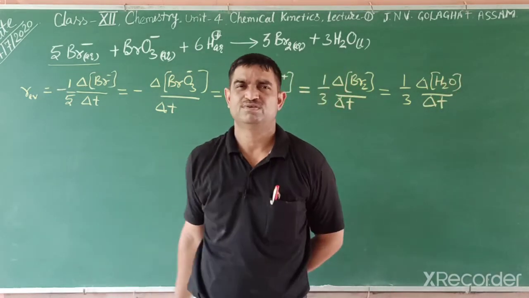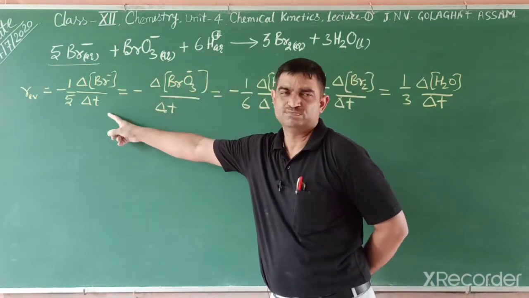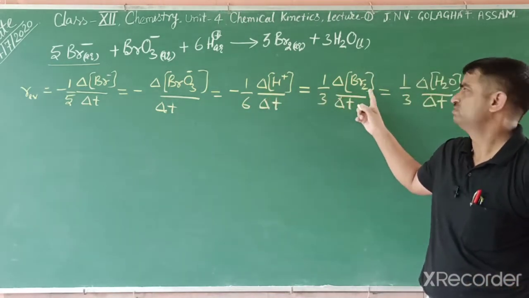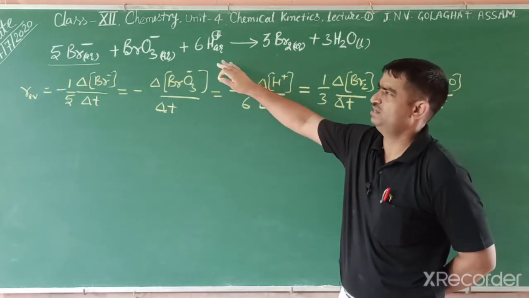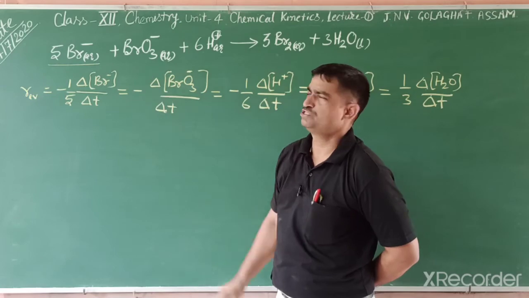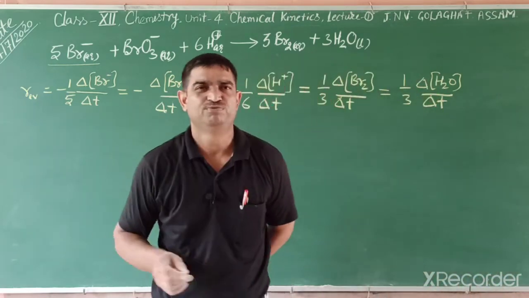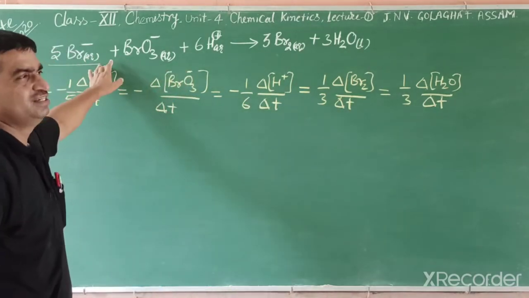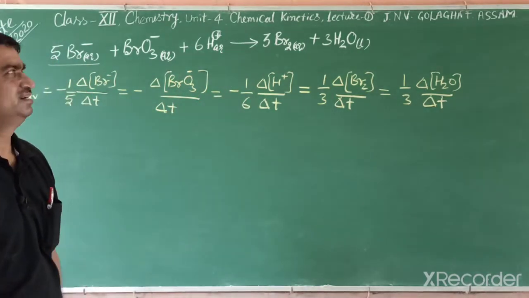In this reaction, what we see is that all the rates of reaction, for bromide, bromate, hydrogen ion, bromine and water, are all equal if you divide the rate of reaction by the corresponding stoichiometric coefficient. So this is very helpful for calculating: if one reactant concentration is given, then we can identify the others in this reaction.